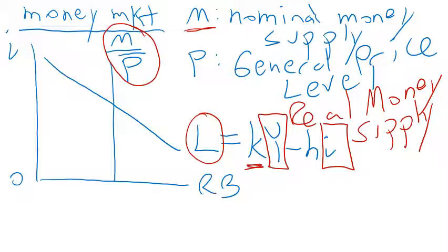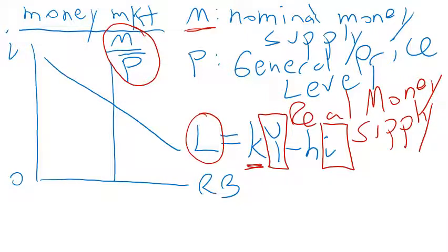Once again, K is a coefficient which gives us a gauge as to how sensitive money demand is to the fluctuations of GDP.